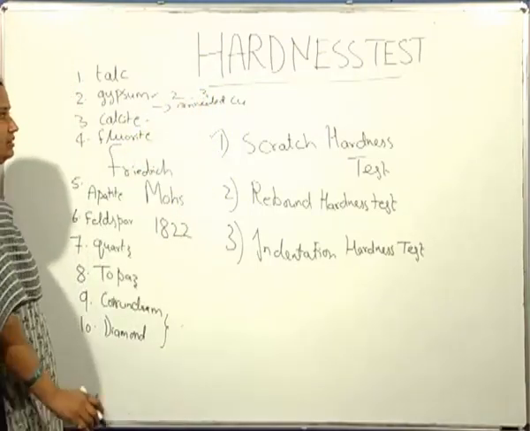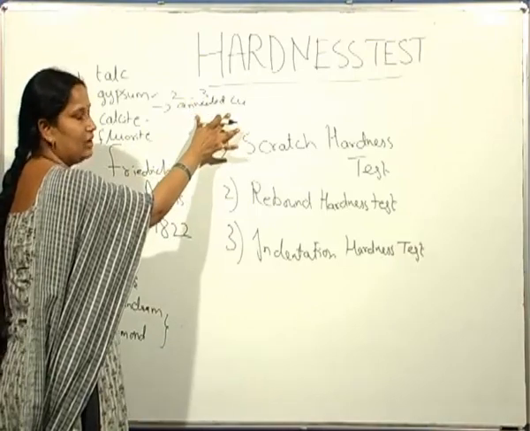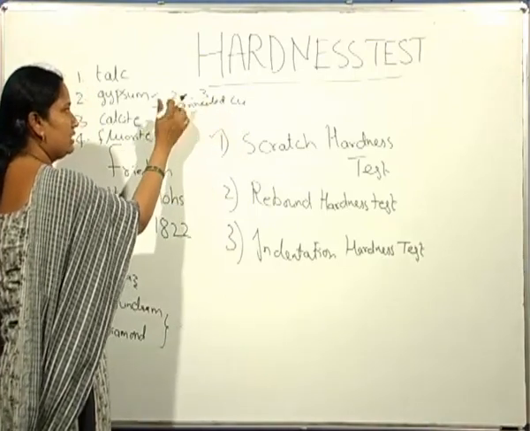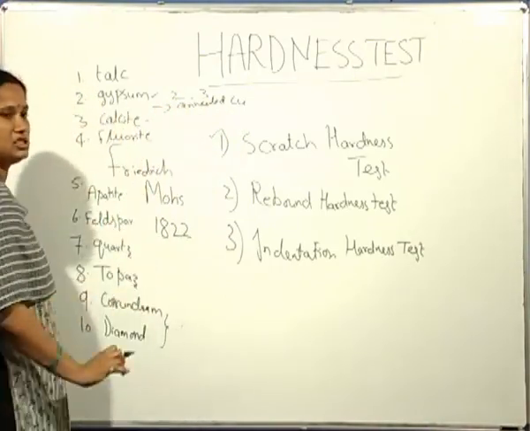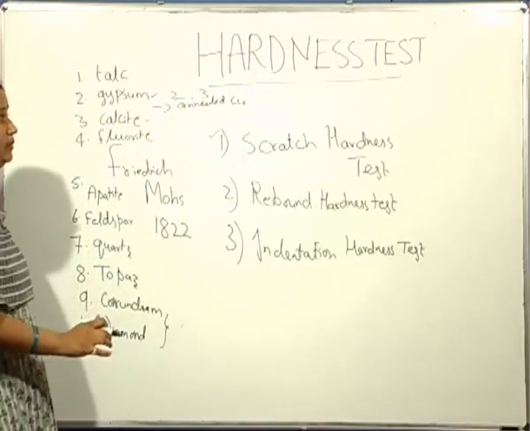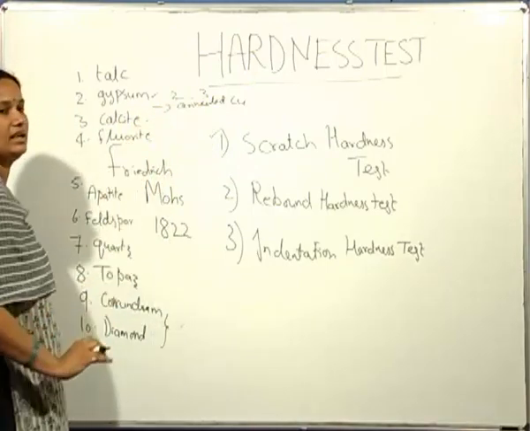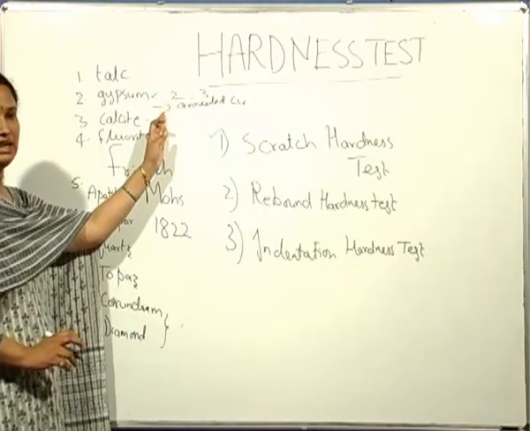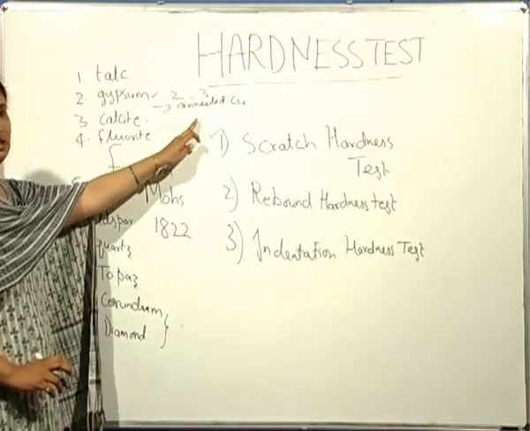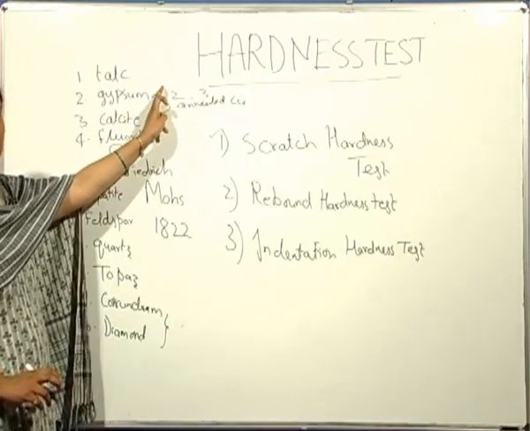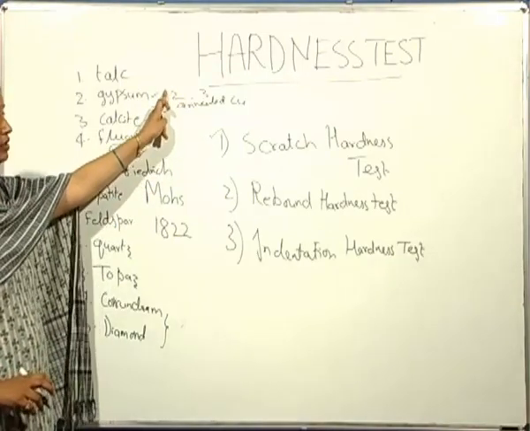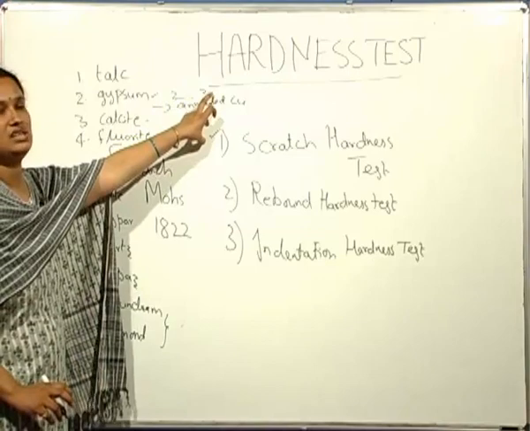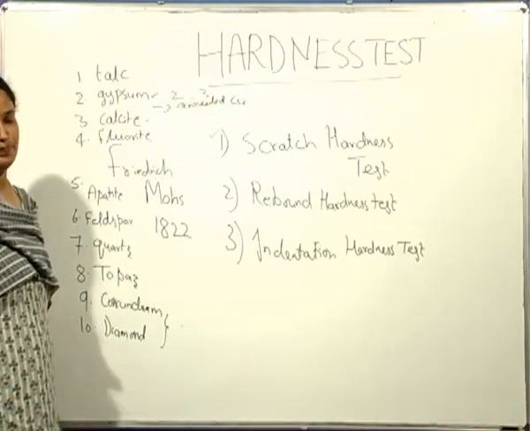It indicates that annealed copper is able to scratch rank 2, that is gypsum, but it is unable to scratch 3, that is calcite. So it is placed between 2 points. The first point indicates that the test material is able to scratch this mineral, that is 2, whereas it is unable to scratch this mineral 3.